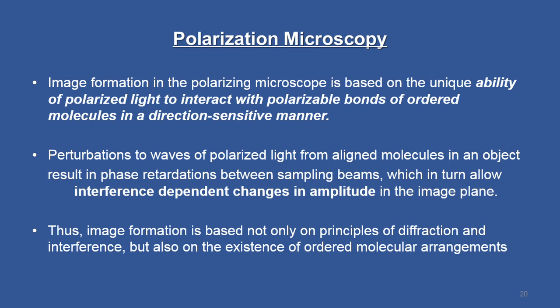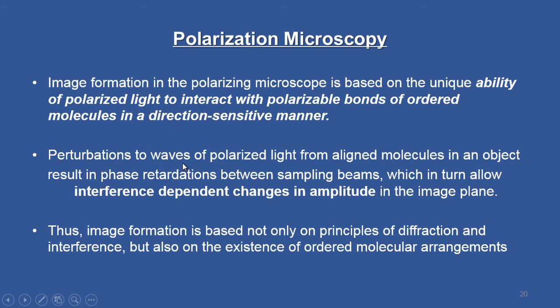If you look at the principles of polarization microscopy, it goes like this. Image formation in the polarizing microscope is based on the unique ability of polarized light to interact with polarizable bonds of ordered molecules in a direction-sensitive manner.